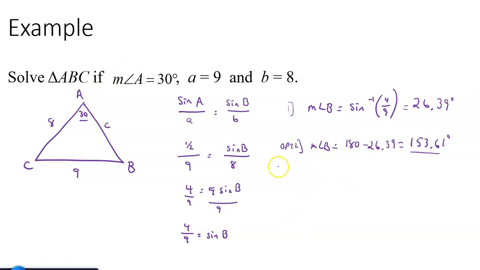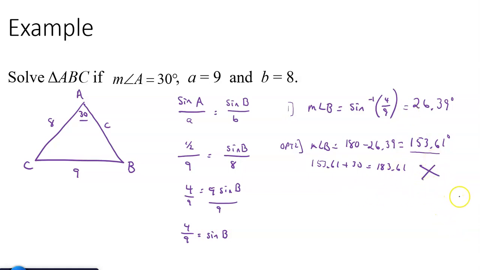Adding up the 2 angles that you found, 153.61 plus 30 gives me 183.61, and that doesn't even include the third angle. So the only way you would get it to add up to 180 is if the angle C was negative 3.61, and that doesn't work. So that is not a valid angle measure. The only one that's going to work is that 26.39.